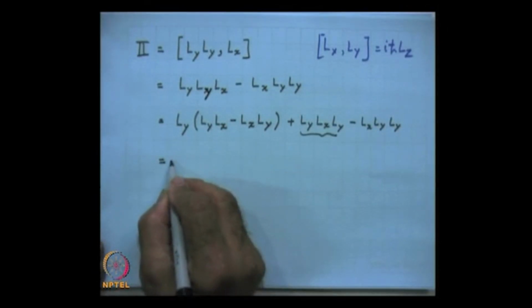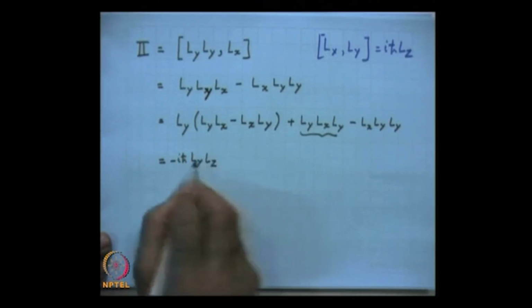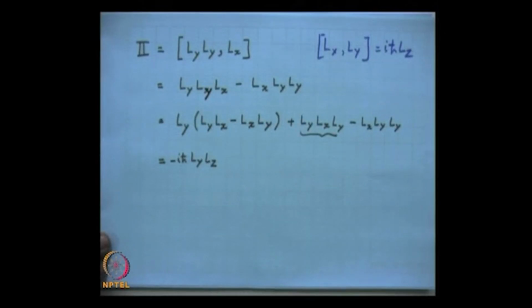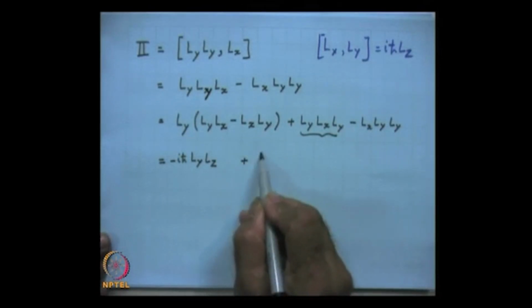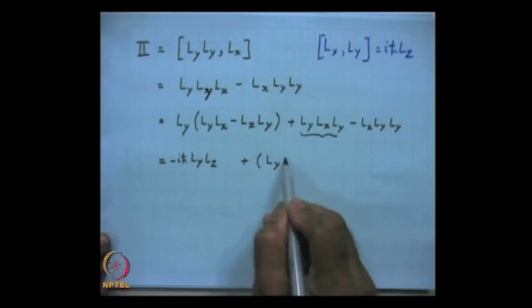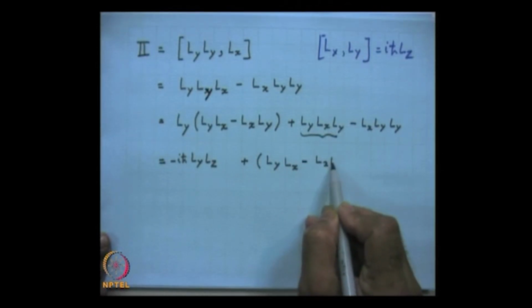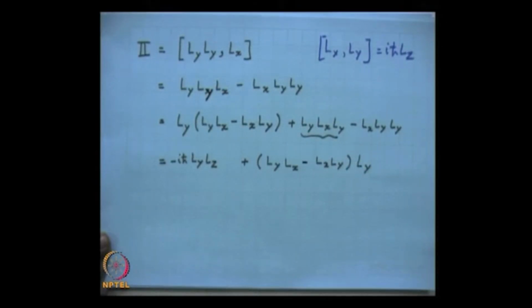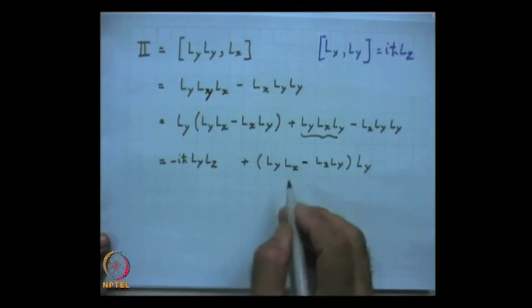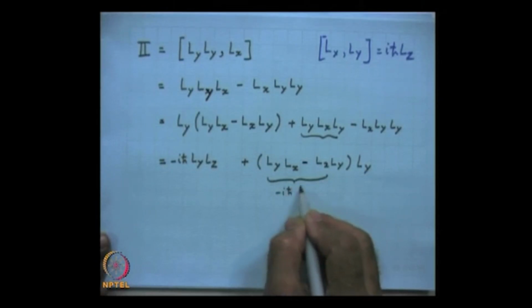Therefore, this will be minus i h cross L y L z. We must write them in proper order, that is very necessary. And then I take L y on the right side. So, I get L y L x minus L x L y multiplied by L y. So, this is also equal to minus i h cross L z.